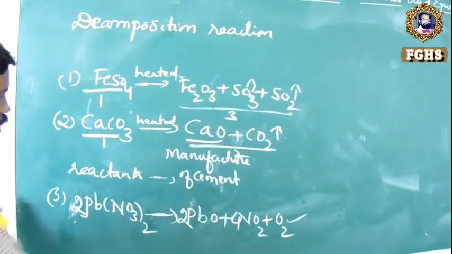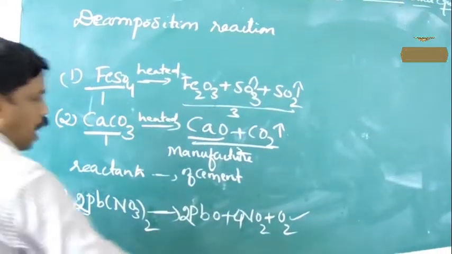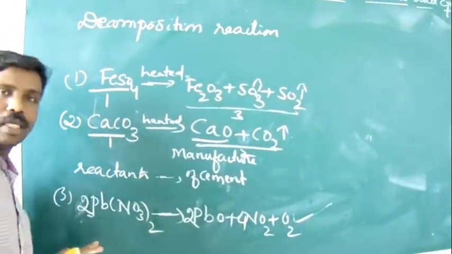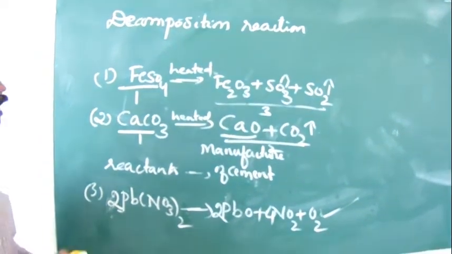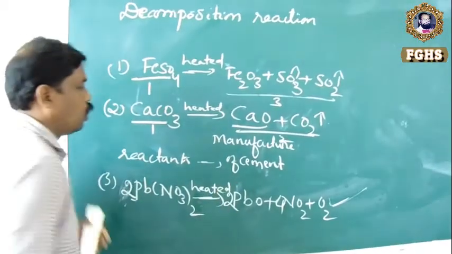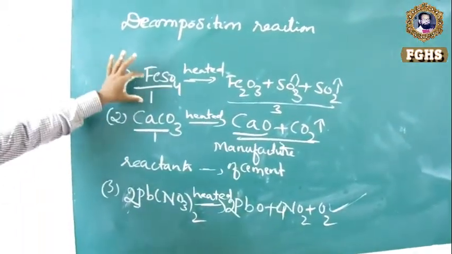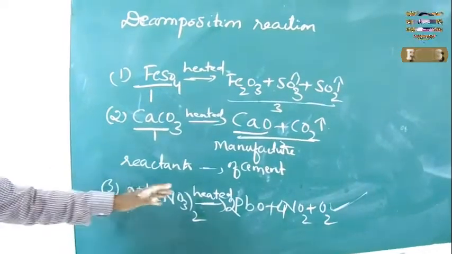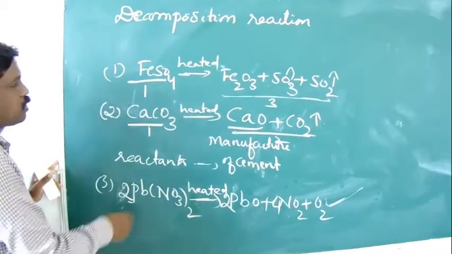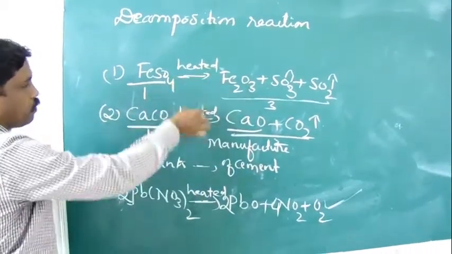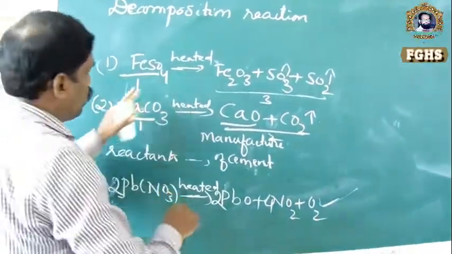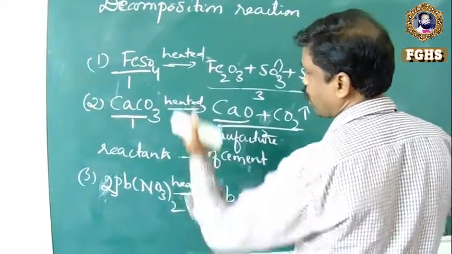I will tell the question as it is. You have to balance this equation. This equation will be given for homework. You have to do it. If you don't know, I will do it for you. See, in these three equations, you have to understand that only one reactant is involved to give two or more products. In all these cases, the actual reactant is heated.